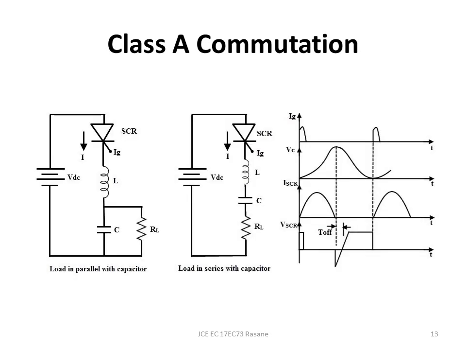This is basically class A commutation, and what we see are two different circuits. We have one circuit, which we'll call A, where the load RL is in parallel with C. L and C are the commutating components which are used to turn off this SCR automatically because of its oscillation nature, that is, the damped oscillations that occur.